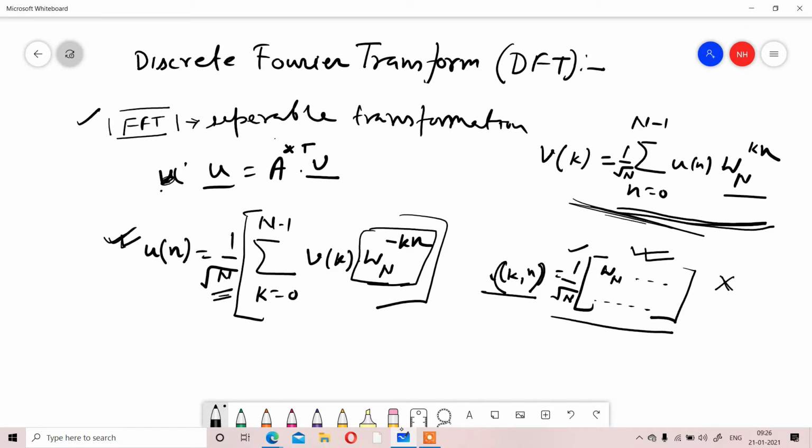So in FFT, what is happening? We represent it by a structure called the butterfly diagram.